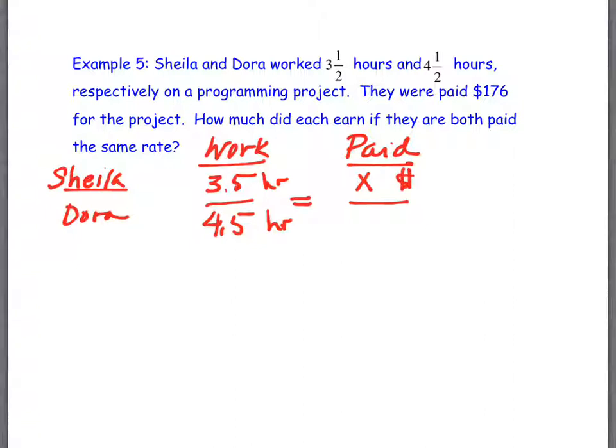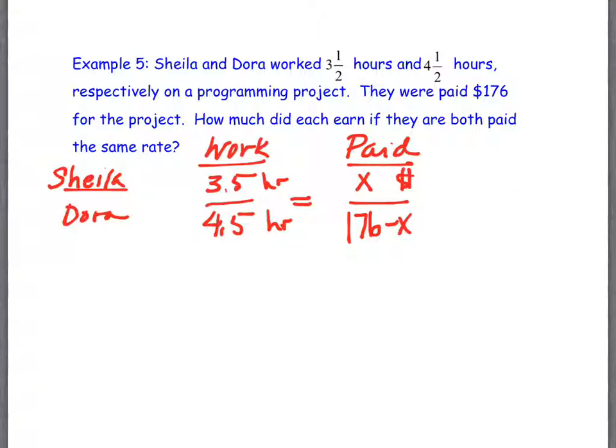I'll put the dollar sign at the end just so it's clean. If Sheila gets paid X, and they get paid 176 total dollars, what does Dora get paid? 176 minus that.